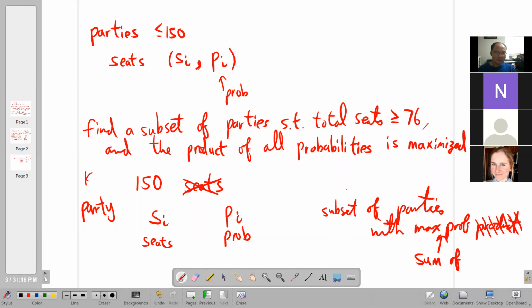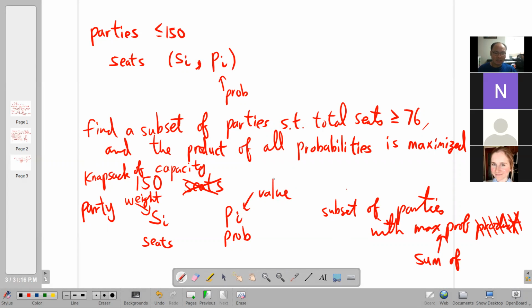If you imagine that the total seats are a knapsack of capacity 150, and each of these parties is an item that has this much weight and this much value.